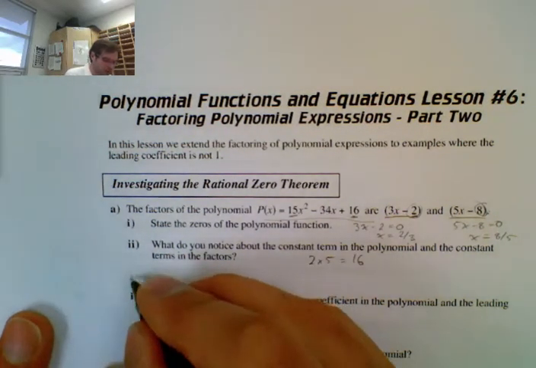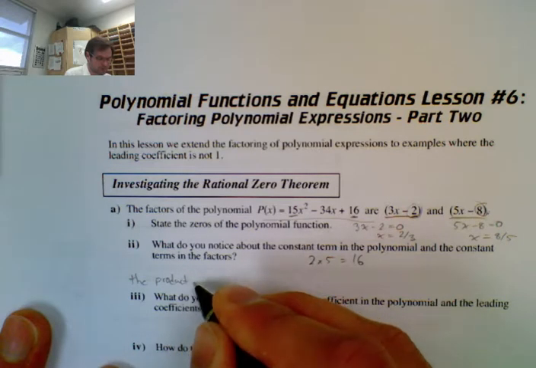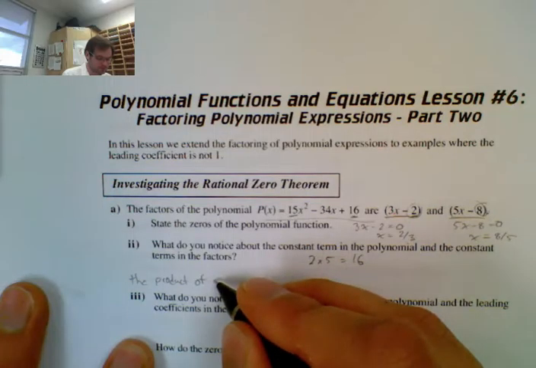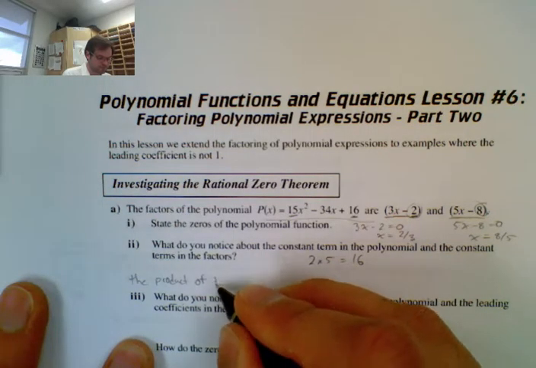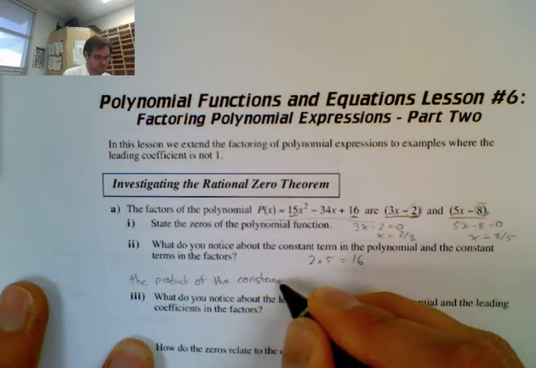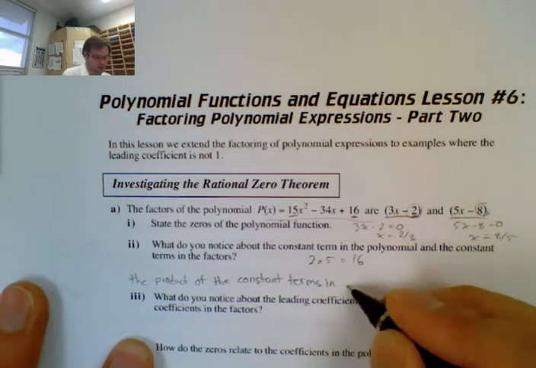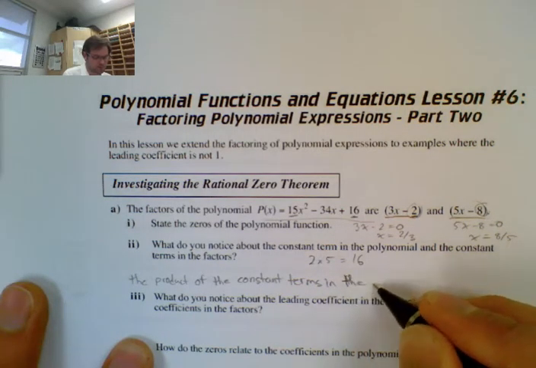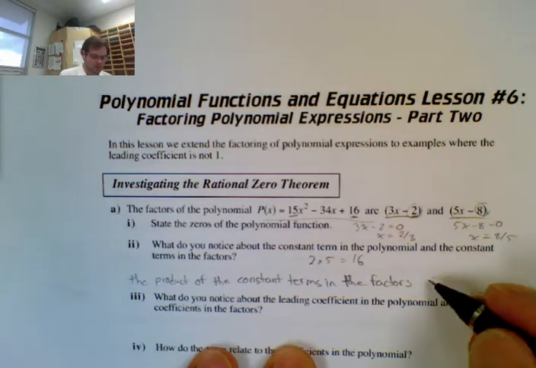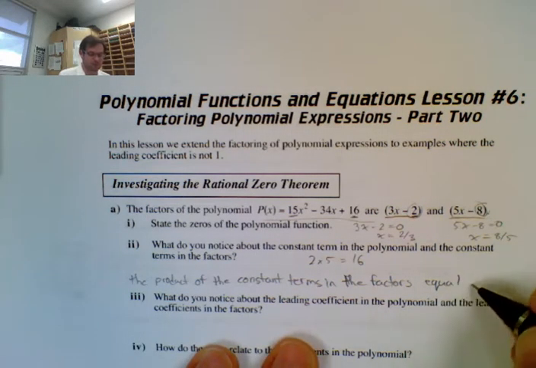So that means the product of my two constant terms in the factors equals my polynomial constant term.